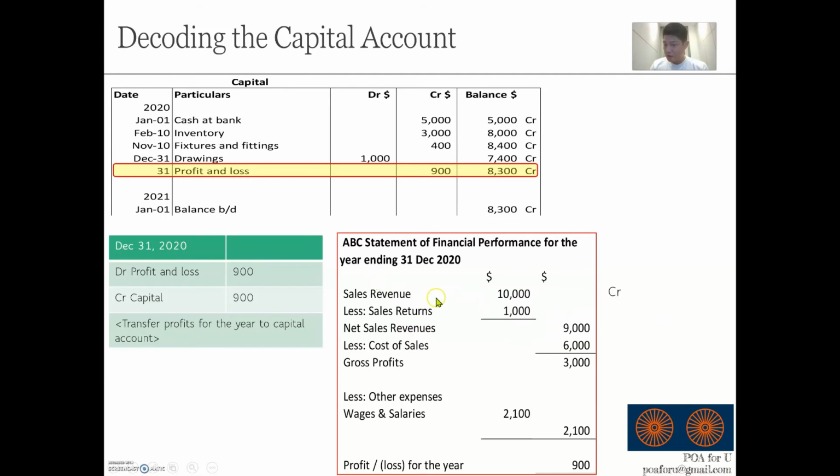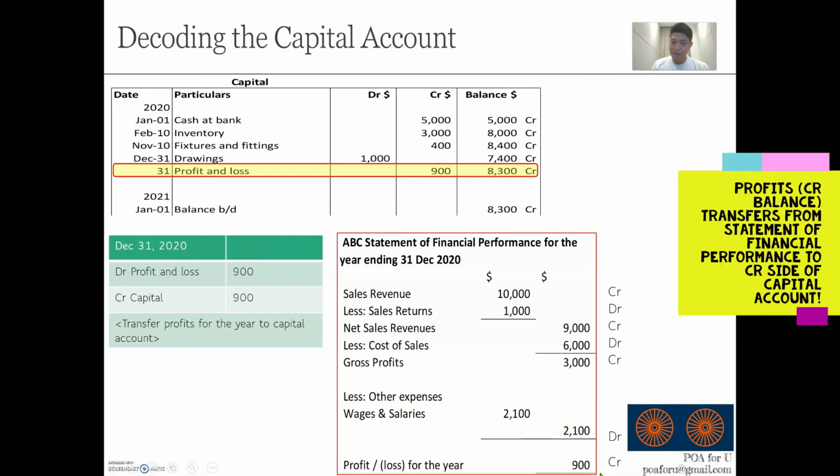Revenues is a credit balance, sales returns is contra revenue, so it's a debit balance, and net sales revenues is still a credit balance. Cost of sales is an expense, so it's a debit balance. Gross profit is a credit balance because it's the excess of net revenues over cost of sales. Expenses are debit balances, and so you take 3,000, minus 2,001, which makes this 900 a credit balance, and that's profits.